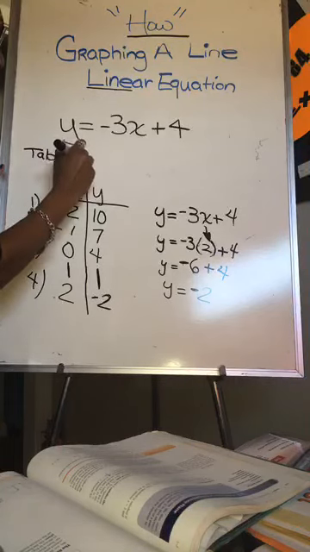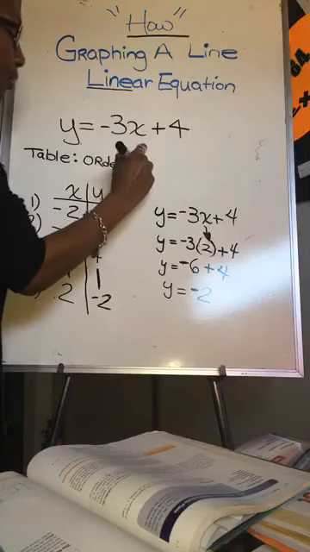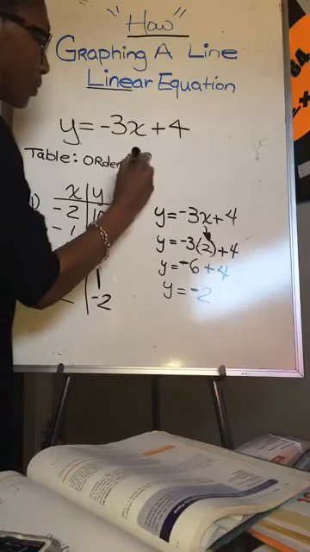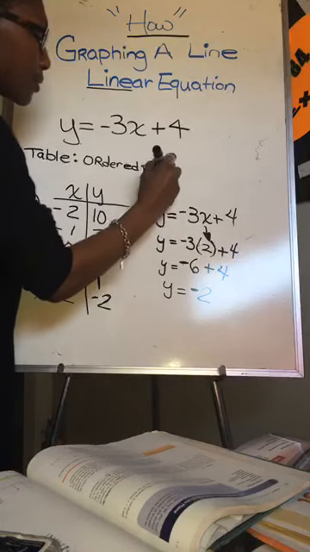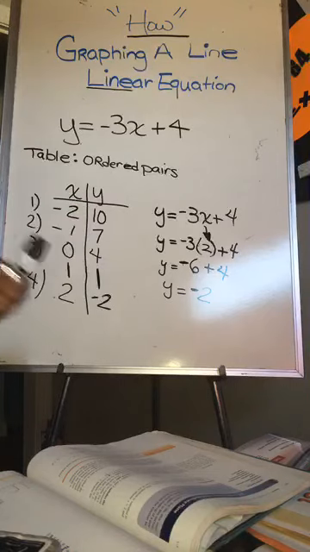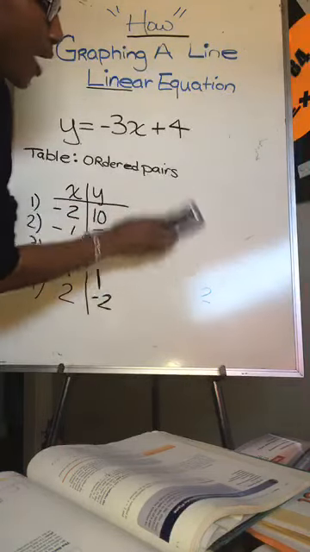T-A-B-L-E. And this is a table of our ordered pairs. Okay? Or we can say our coordinates. And I'm going to erase this, and I'm going to show you why we call them ordered pairs or our coordinates.